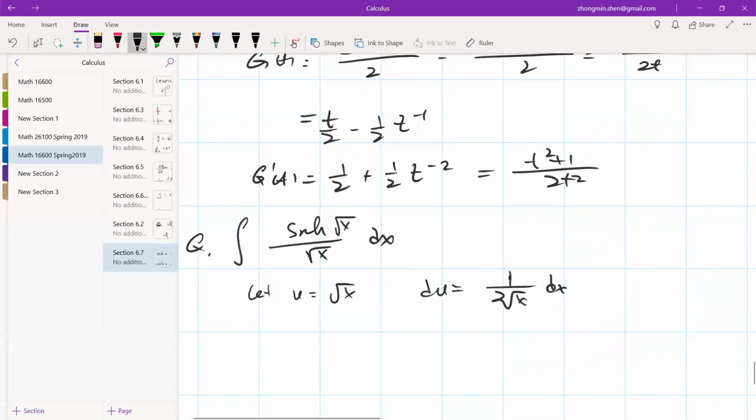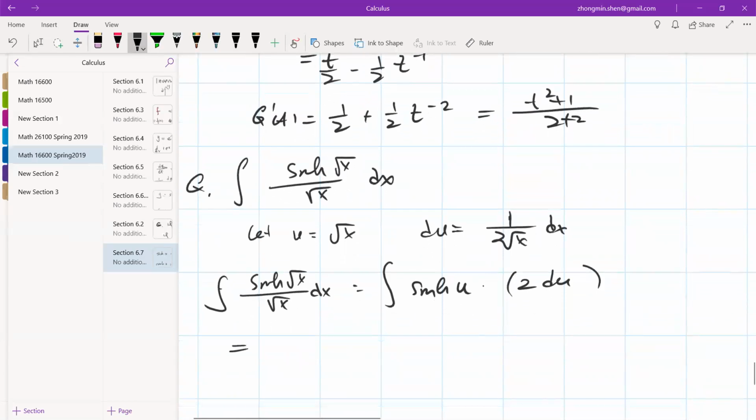So the integral is going to be hyperbolic cosine u, and dx over square root of x is actually 2 du. Hyperbolic sine u is the antiderivative of hyperbolic cosine u, plus a constant. So u is square root of x, plus constant c.